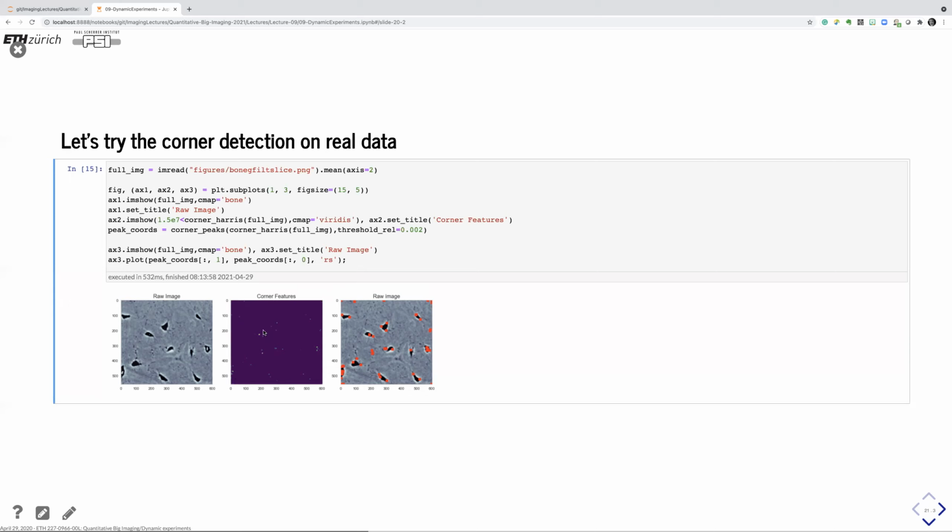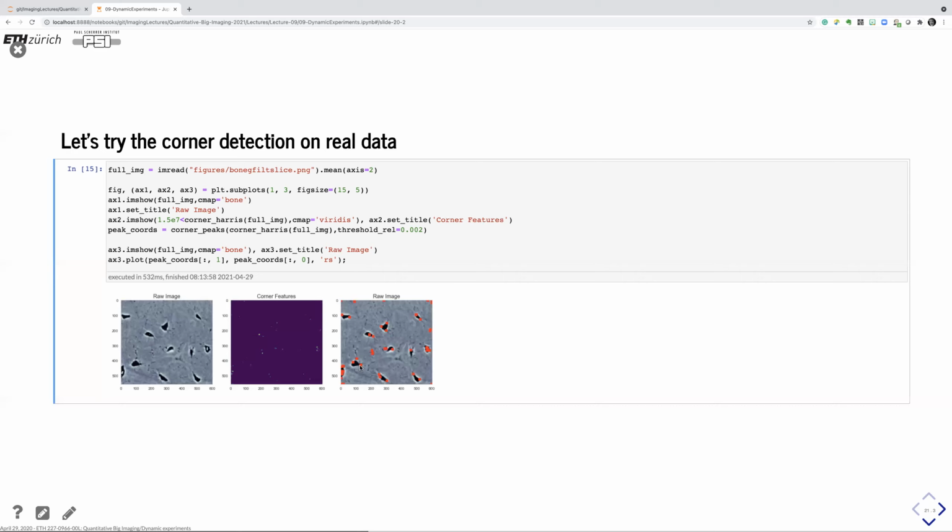And if we plot the threshold dots, we can see that they actually land pretty nicely on corners in these features. This one may look a little bit strange, but the reason that you have a dot in the middle is that there is actually a little bright dot in the middle here. So that is the reason why we got also a corner point here. A pretty strong one, apparently.